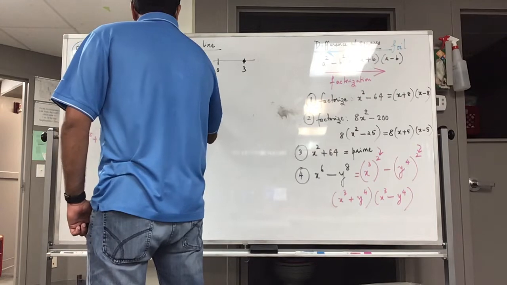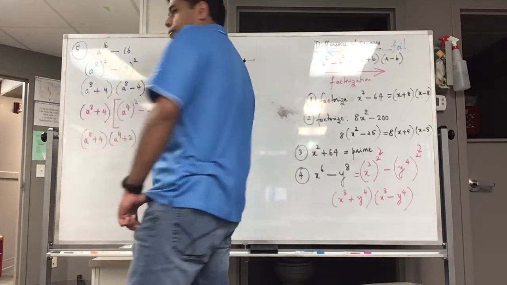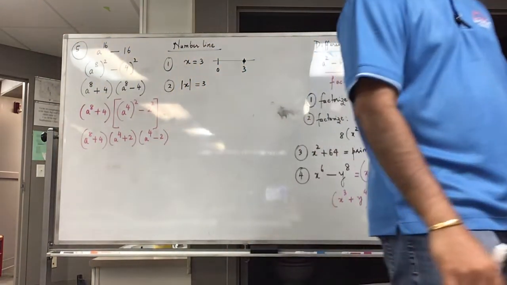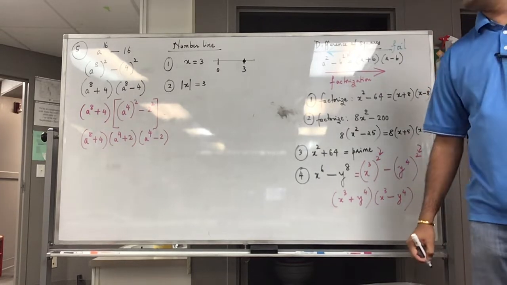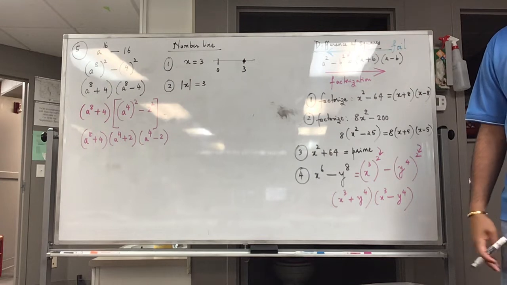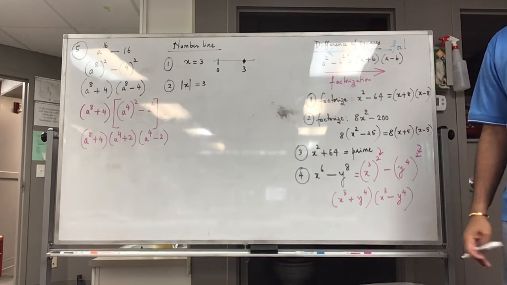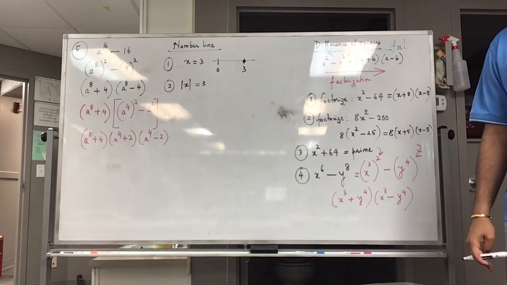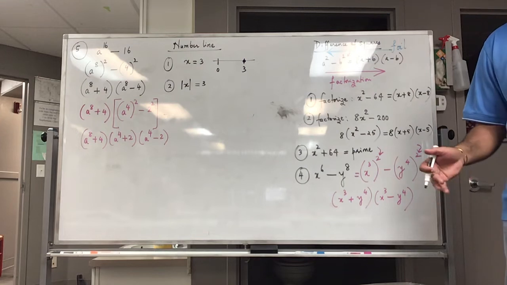Number line, absolute of x is equal to 3. It's a number line for this. And you guys know absolute, right?